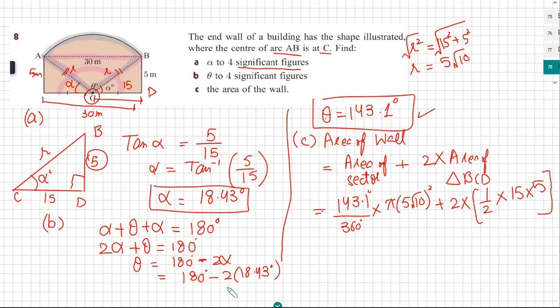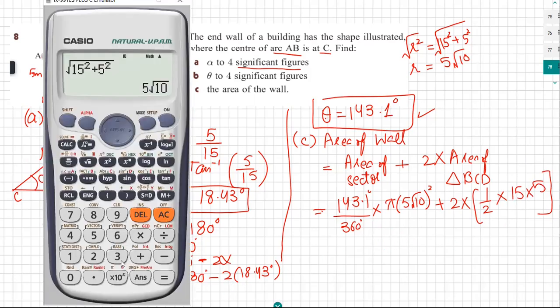Now you can use calculator for this whole expression. 143.1 divided by 360 multiply by pi into 5 into square root 10, then whole square plus 2 to cancel, so 15 into 5, right?